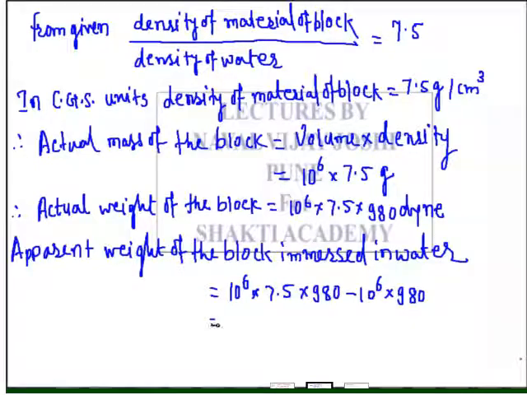For your understanding, I would write the formula: actual weight, that is weight outside the water, minus upthrust. So, this is equal to 10 raised to 6 into 980, you can take common.